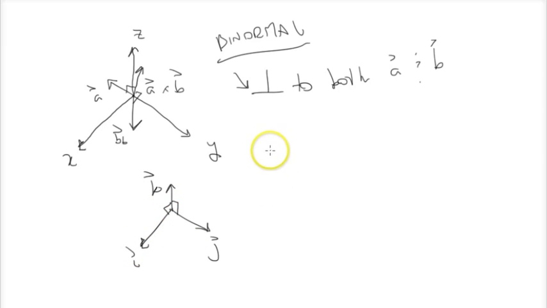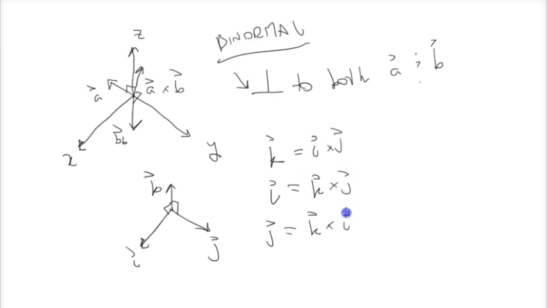So we have this relationship where k is equal to the cross product between i and j. We've got i is equal to the cross product between k and j, and we've got that j is equal to the cross product between k and i. So a lot of very interesting graphical things come out of the cross product.